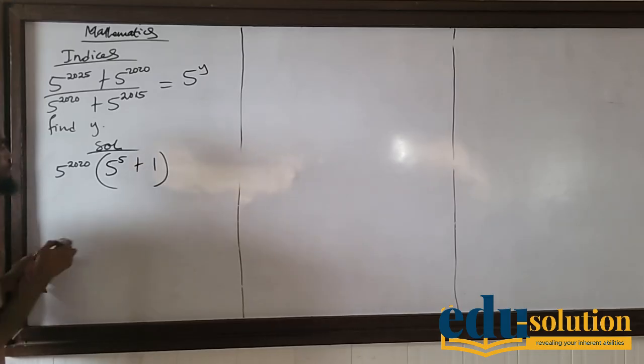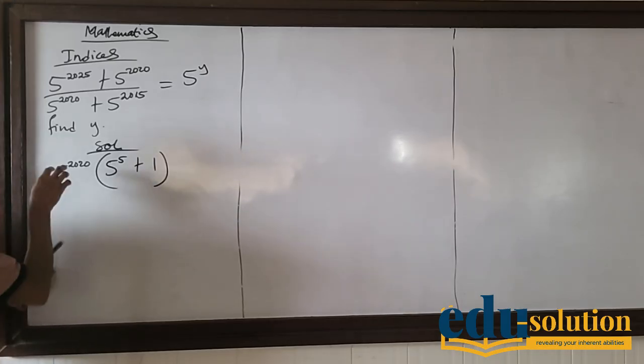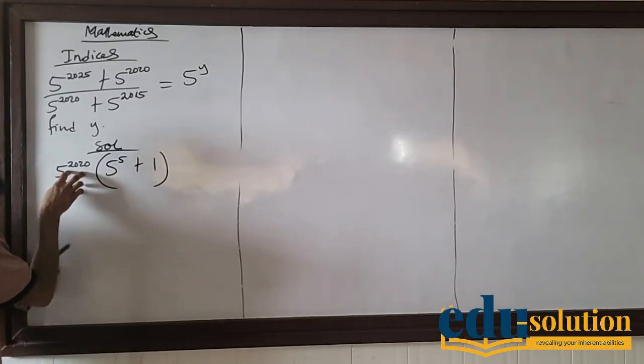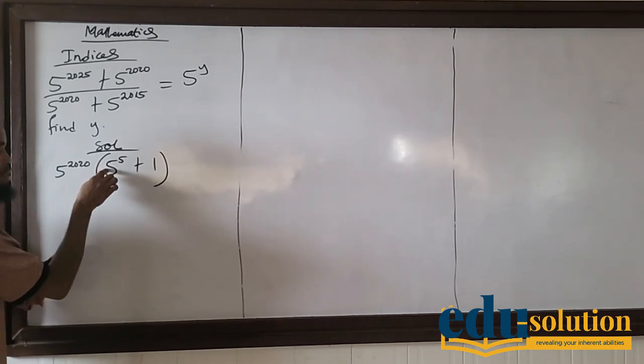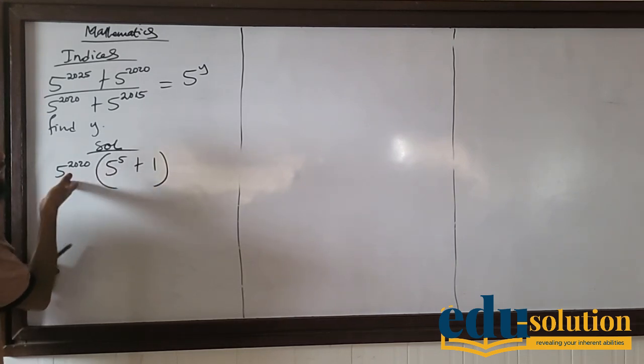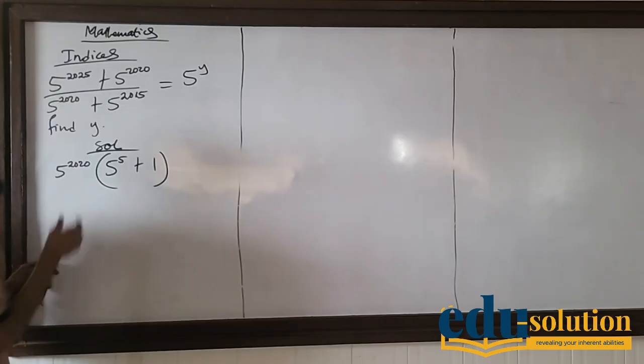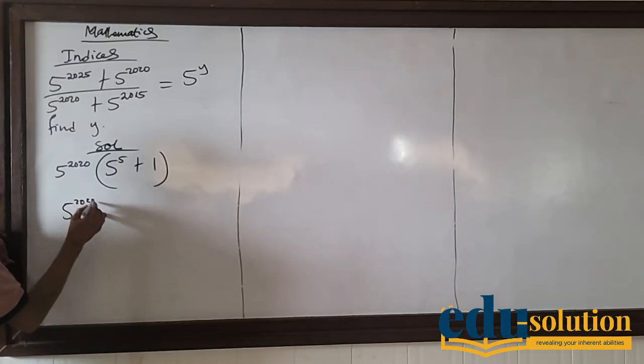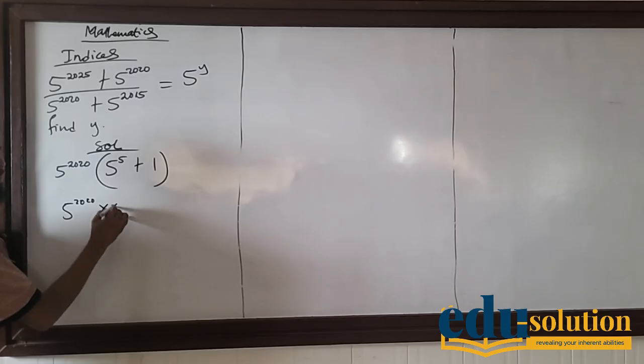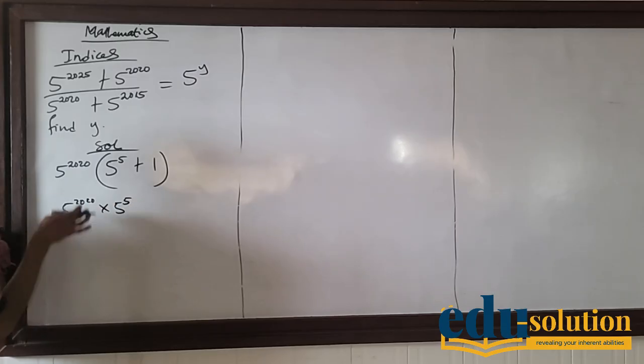Let's find out. 5 raised to the power of 2020 times, if I open this, will it give me this? We have 5 raised to the power of 2020 times 5 raised to the power of 5. So this expression is the same thing as this.